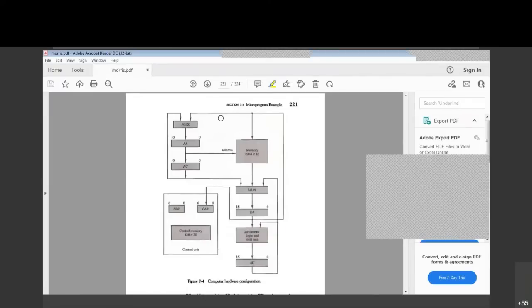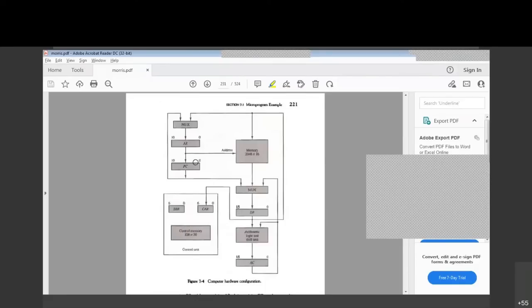Okay, now let us see this computer hardware configuration. For understanding microprogram control, an example of microprogram, we'll first see the hardware architecture, the computer hardware configuration, for a computer that follows microprogram organization.